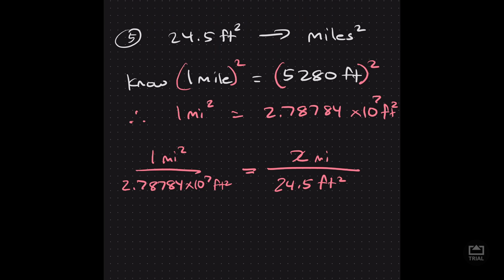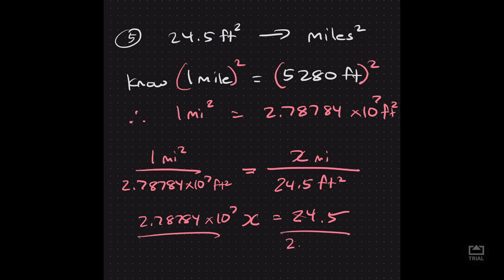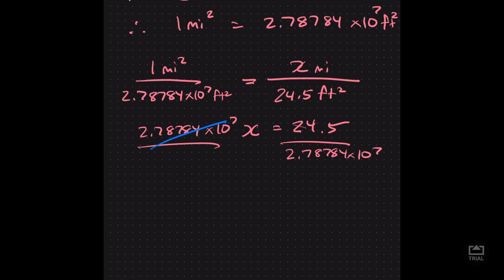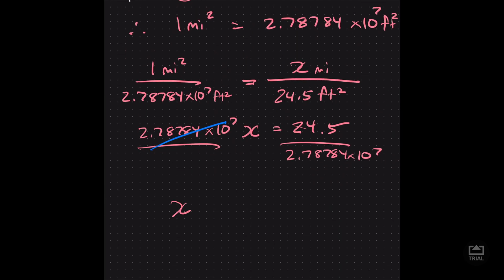Now in this case, we're going to end up with 2.78784 times 10 to the 7x is equal to 24.5. And I'm going to divide both sides by 2.78784 times 10 to the 7, and that will basically eliminate that, leaving us with x is equal to 8.79 times 10 to the negative 7 miles squared.